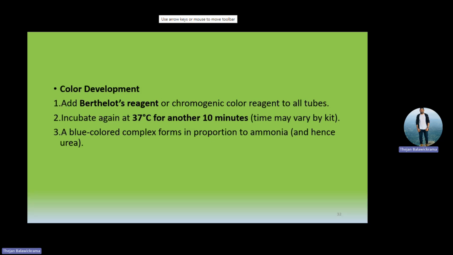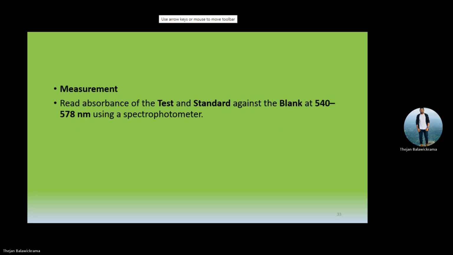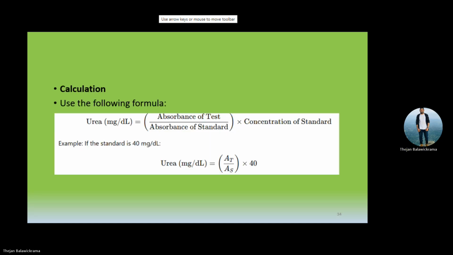With that, we have a reference standard one also right there because we have 3 test tubes. Then we measure the color intensity. Calculation is done like this. Absorbance, the spectrometer reading of the real blood sample divided by reading of the standard solution, into the concentration of the standard solution.